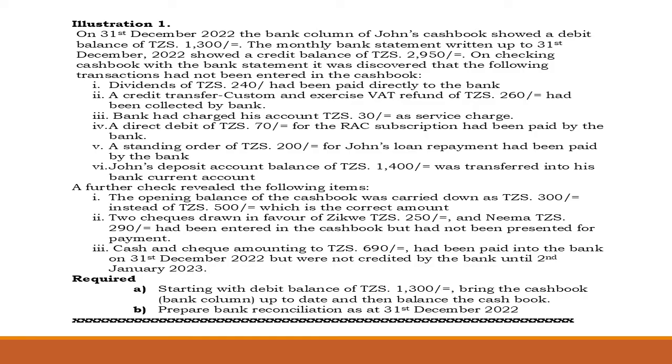On 31st December 2022, the bank column of John's cash book showed a debit balance of 1,300, but the monthly bank statement of the same account, taken on the same date, December 31st, 2022, showed a credit balance of 2,950.